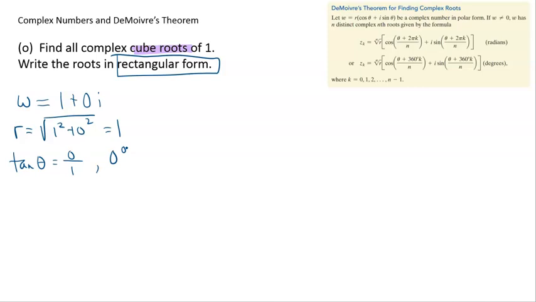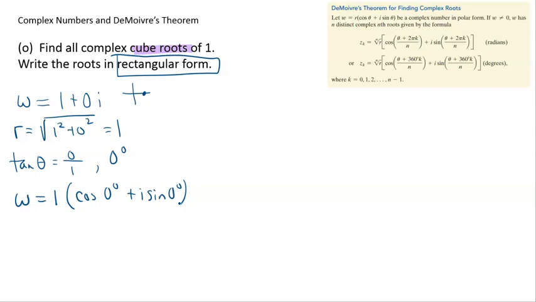Pi radians is 180 degrees, except when you plot 1 plus 0i, it's right where 0 degrees is. So w in polar form is equal to 1, our modulus, times cosine of 0 degrees plus i sine of 0 degrees.